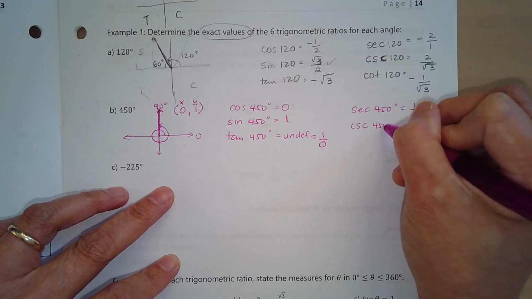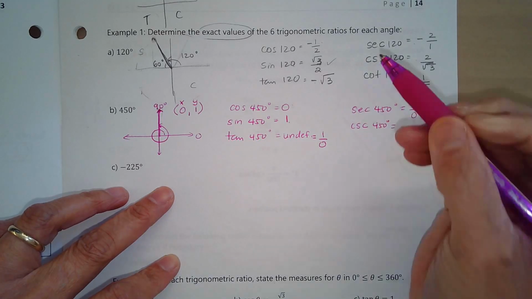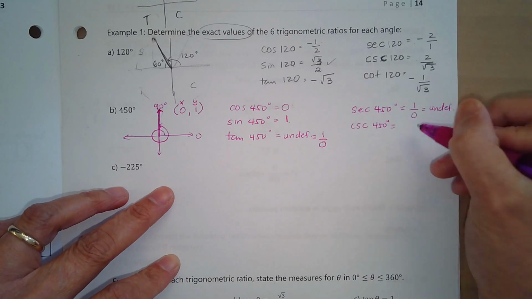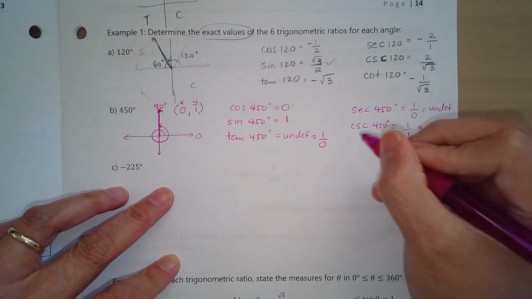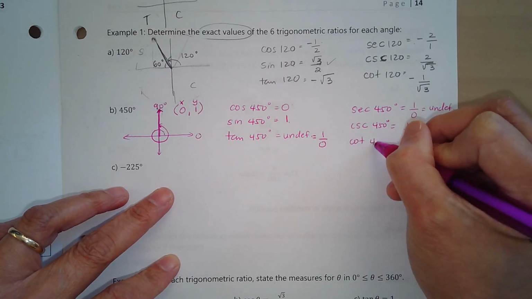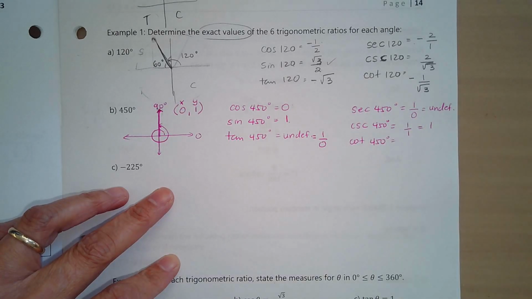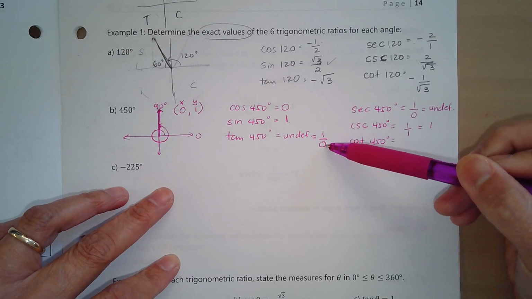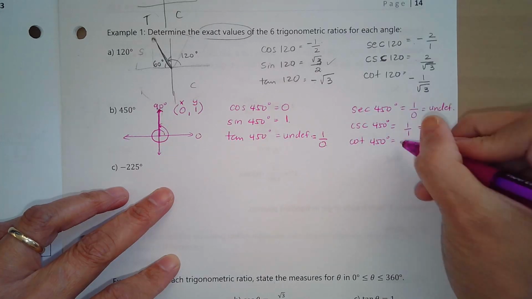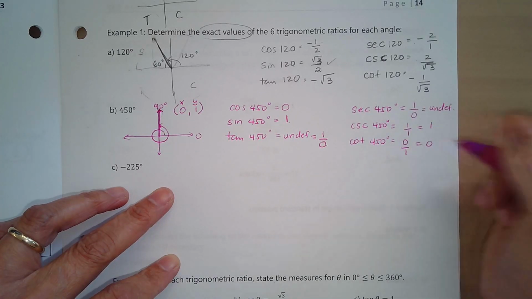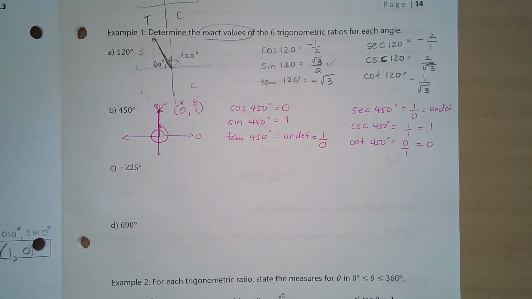Cosecant of 450 is 1 divided by 1, which is 1. And then cotangent of 450 is 0 over 1, which is 0. Okay? Is that good?